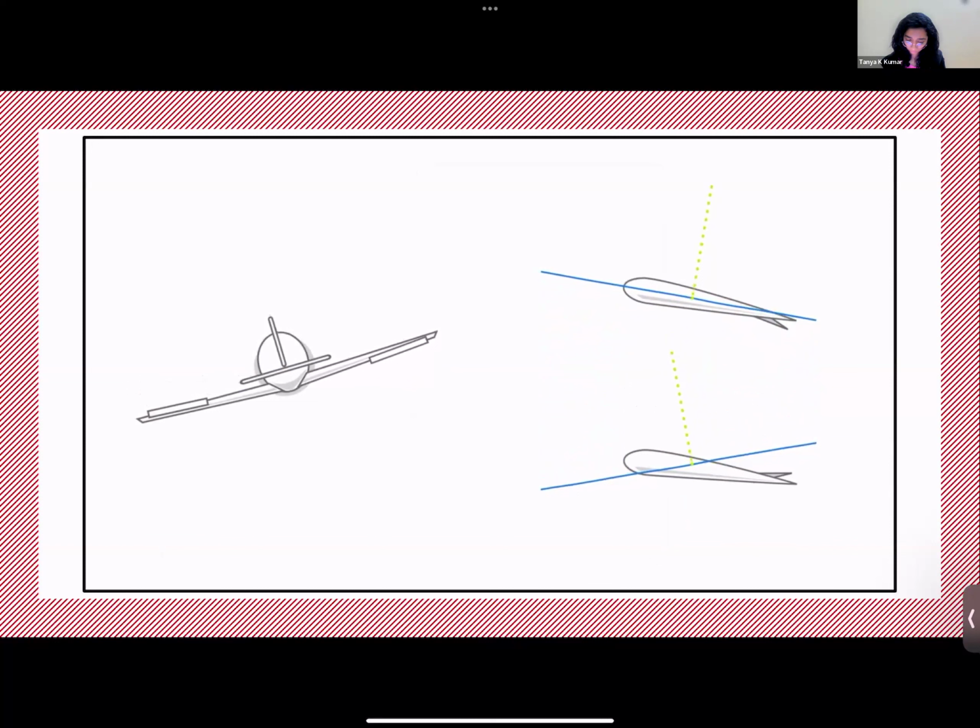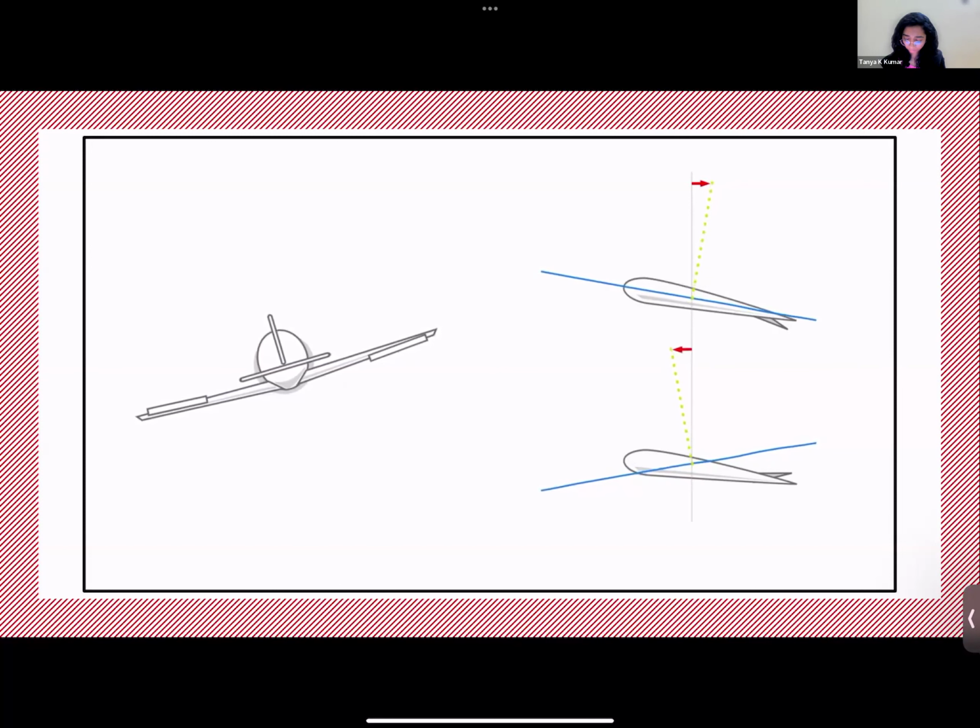As lift always acts at right angles to the relative airflow, the upward deflection of the relative airflow on the right wing causes lift to deflect backward. Conversely, as the left wing goes down, its relative airflow is deflected downward and its lift is deflected forward.